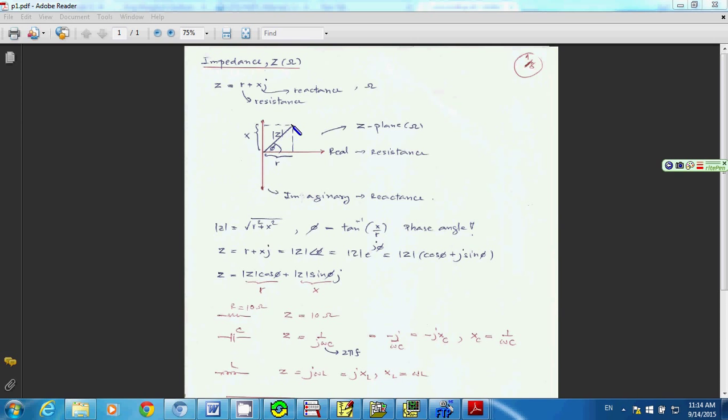The length of the vector is going to be the magnitude of z, or the magnitude of your impedance. Since it's the complex number, you have the real number r, and that's we call resistance, and you have an imaginary part we call reactance. They all have the unit of ohms.